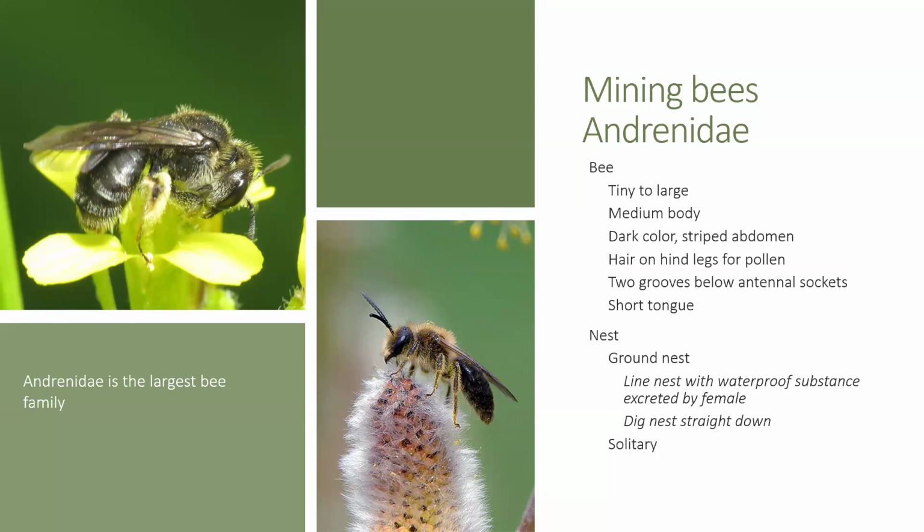These are going to be ground nesters, and hence, mining bees, they're mining in the ground. I love these. They will dig their nest straight down into the ground, and they are solitary, but they can aggregate. And these are one of our bee families that have a waterproof substance excreted by the female bees, and they'll actually line those little tunnels or nursery nest areas with that waterproof substance.